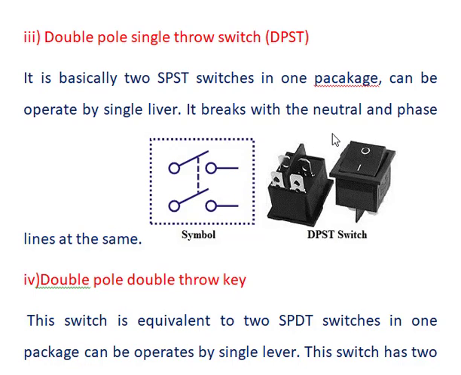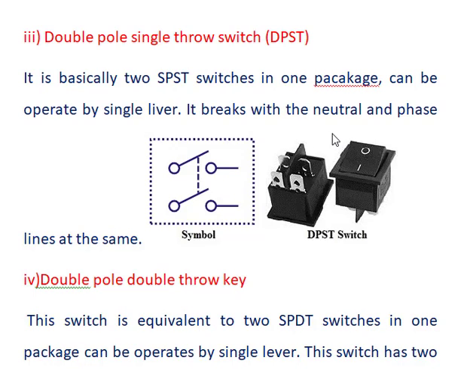Electrical or electronic devices need three lines: one is phase, another is neutral, another one is earth. But sometimes only phase and neutral are used. We use neutral and phase for many electrical and electronic appliances. So it breaks both neutral and phase lines.